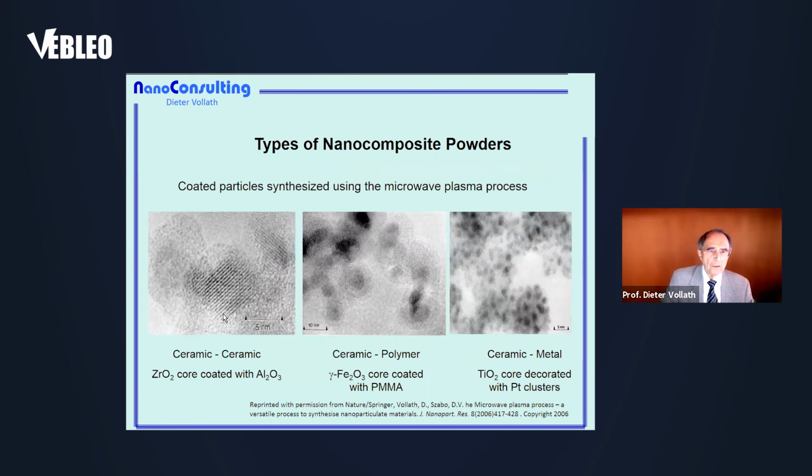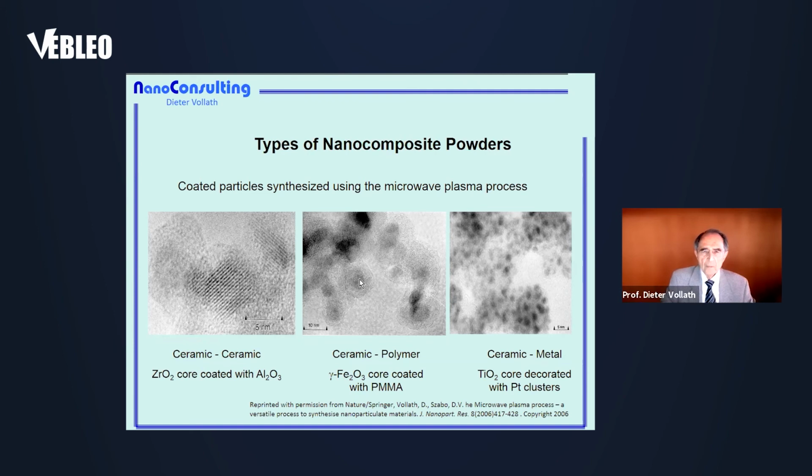Ceramic core, in this case zirconia, coated with a second ceramic material, in this case alumina. The zirconia is crystallized. You see the lattice fringes, and the alumina here on the outside is amorphous, not crystalline.